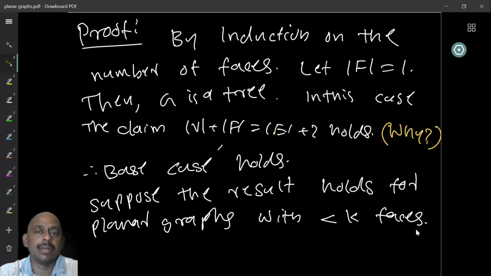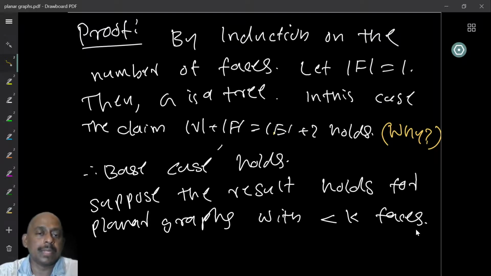So when the faces are equal to 1, you cannot have any cycles. Therefore, the graph is acyclic. And since we are assuming the graph to be connected, the graph must be a tree. So when the graph is a tree, the claim is that the identity always holds.